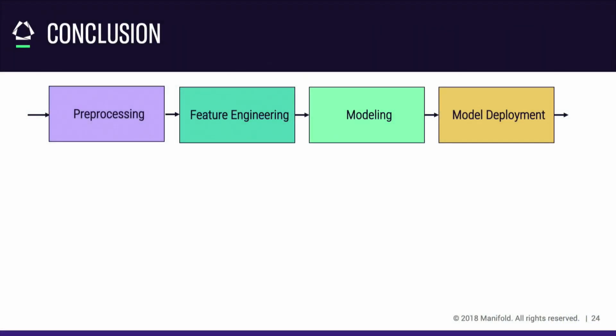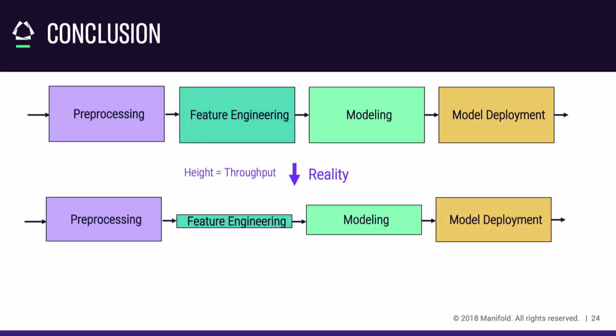Moving on to the conclusion of the talk, we have seen four stages of a typical ML pipeline. In reality, that's not exactly how it looks. Reality is somewhat like the bottom picture. If you think of throughput, the number of data points that can flow through any stage of your pipeline, as height, then different stages have different heights.